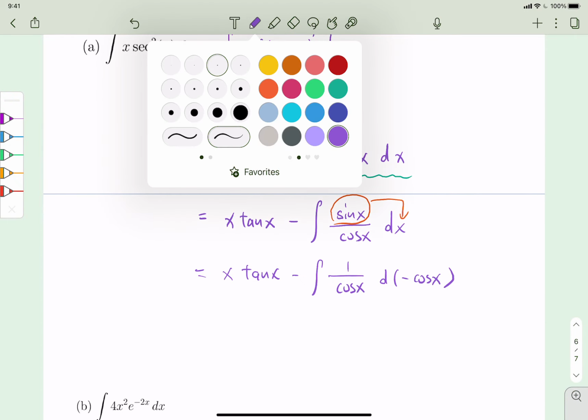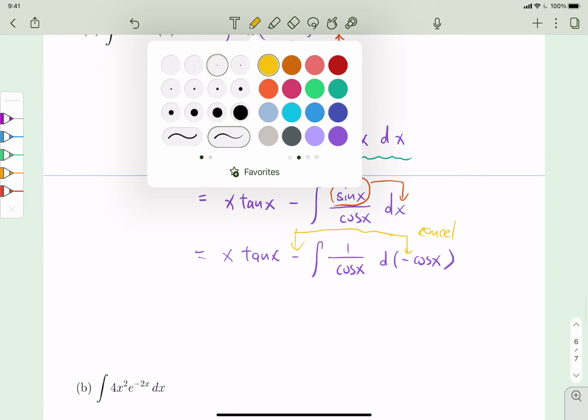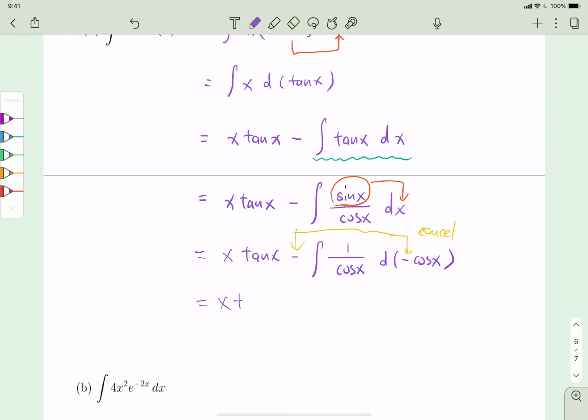And these two negative signs are going to be cancelled. Okay, cancel, and you're left with x tangent x plus this 1 over cos x d cos x.